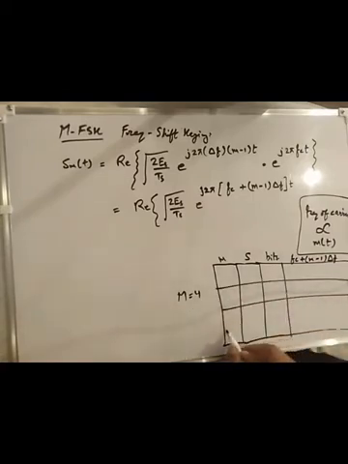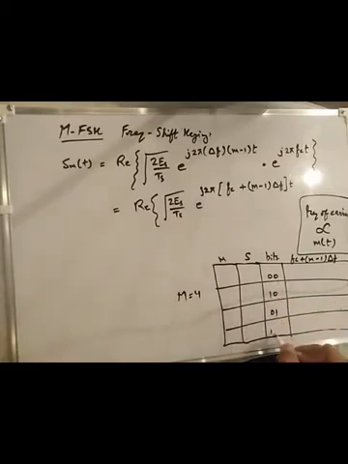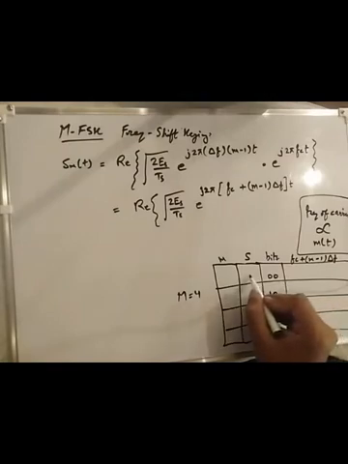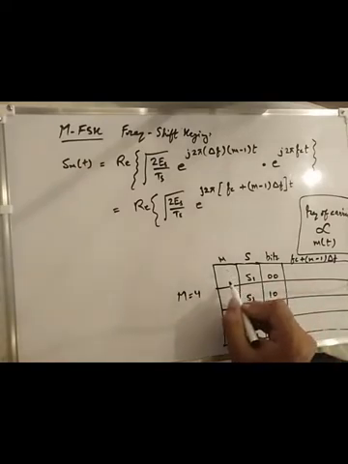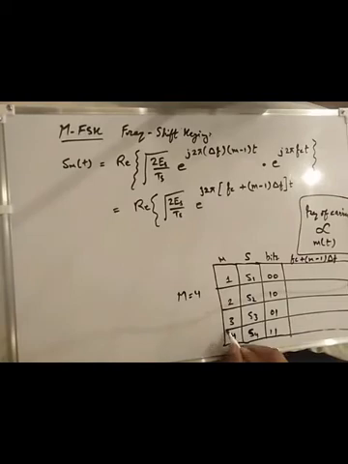We are going to get 4 unique bit patterns, 00, 01, 10 and 11, and correspondingly symbol 1, symbol 2, symbol 3, symbol 4. These are the 4 message symbols that can be generated out of these random bits, right? And this index m represents each bit pattern uniquely, right?